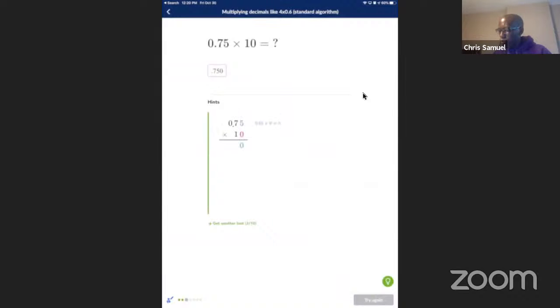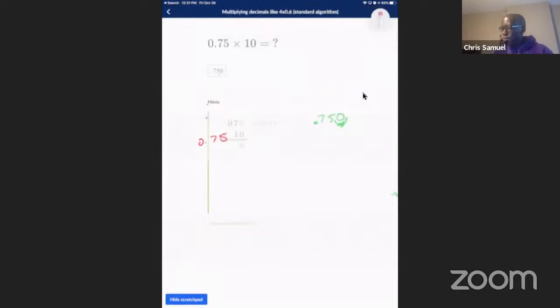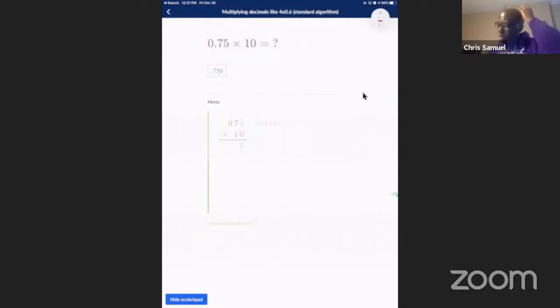So let's go ahead and do the multiplication then. The multiplication here would be very similar: 0.0, point here, and 75 like that. So what we do first, we add another 0.